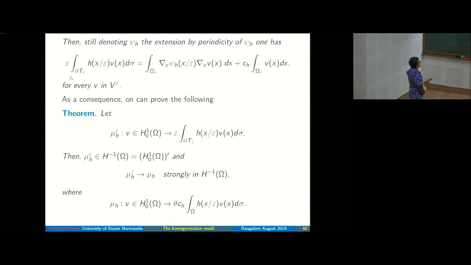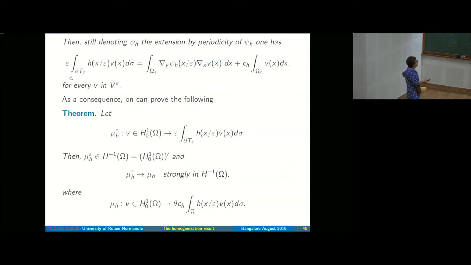So that means that we can state the following. Let mu epsilon h be the function which, to any v in H10 of omega, associates epsilon times the integral over dT epsilon of h(x/epsilon) multiplied by v.